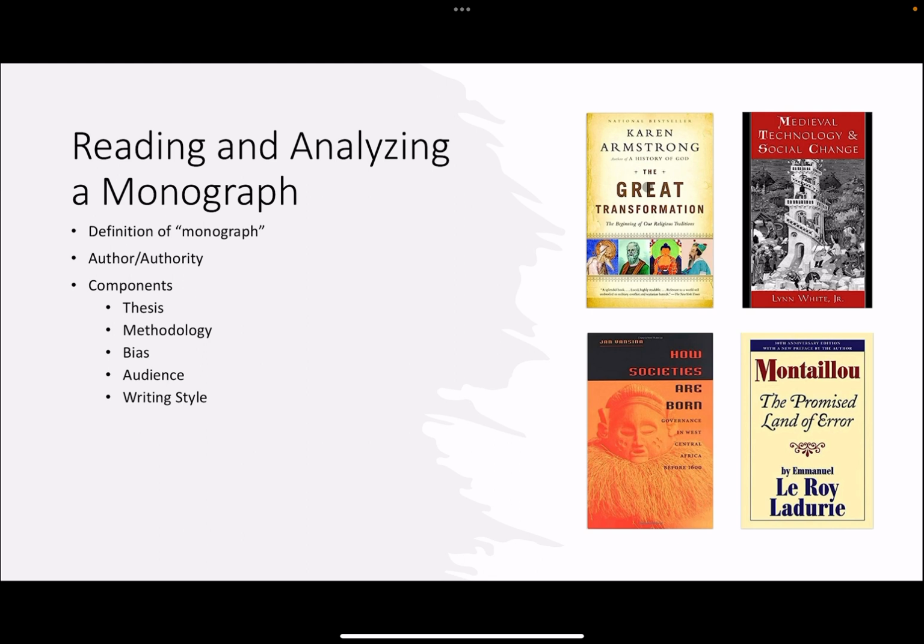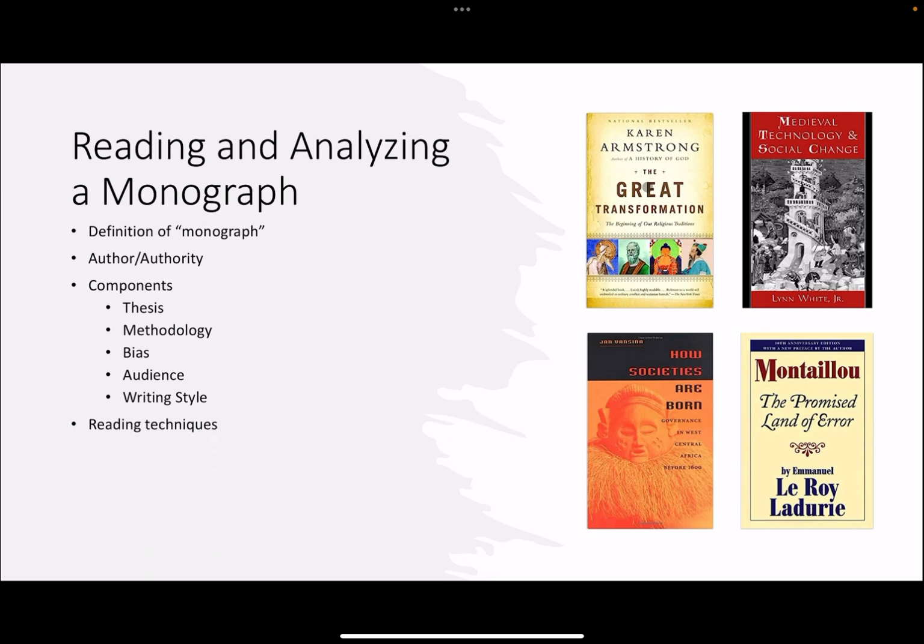Don't go there in a book review immediately, please. Deal with the thesis, deal with the methodology, deal with the bias. If writing style is an important component that ought to be critiqued, then by all means do that, but don't lead with that and don't make that your main point when you write a book review.